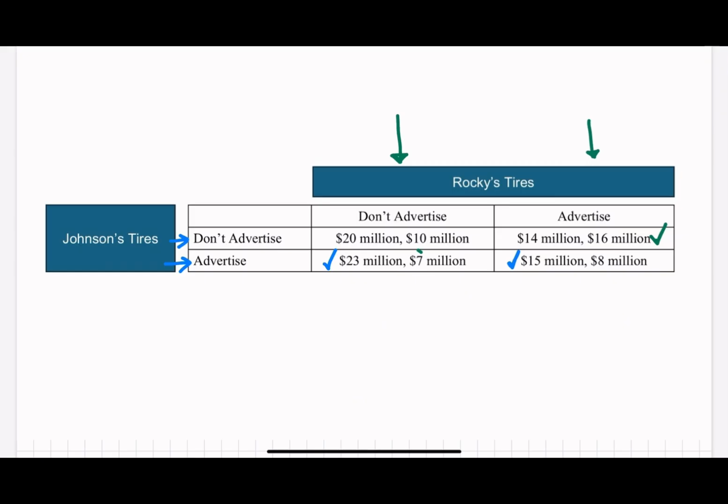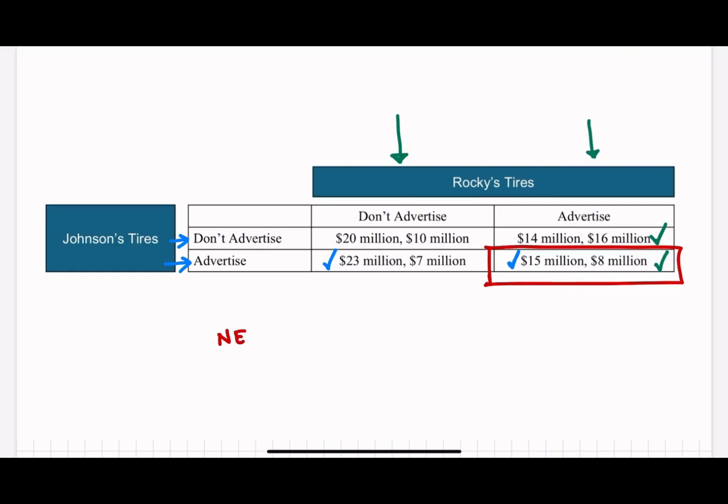Well, if they don't advertise, they would get $7 million. If they do advertise, they would get $8 million. 8 is greater than 7, so Rocky is going to choose to advertise. And now what you see is that this box here has two check marks. That's what we call the Nash equilibrium.